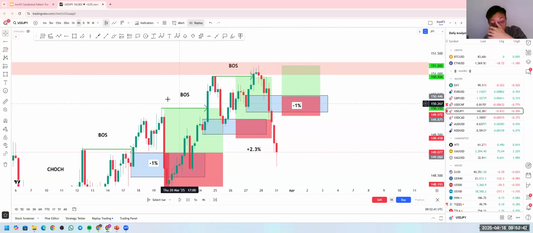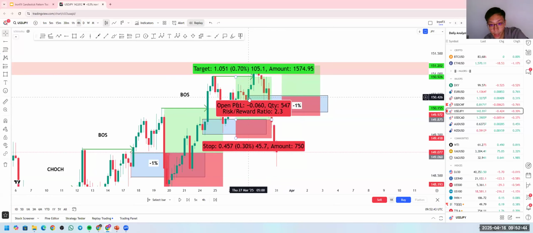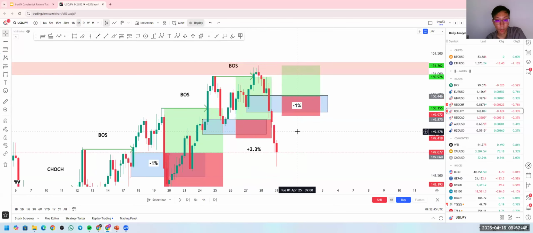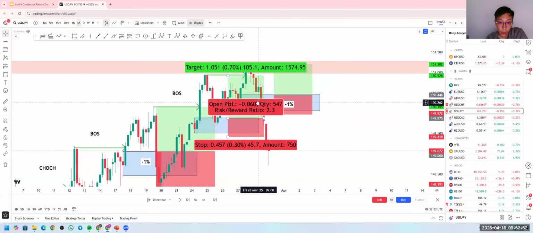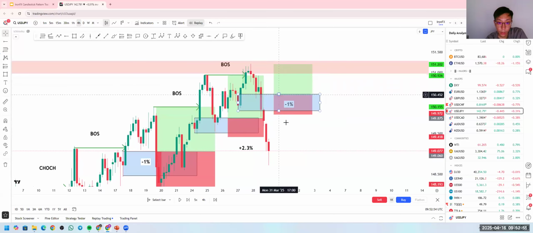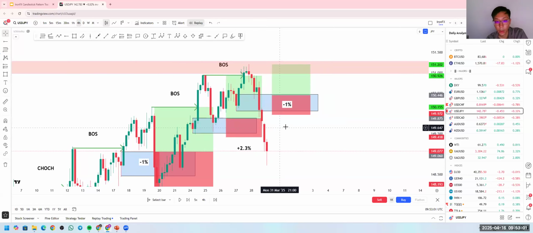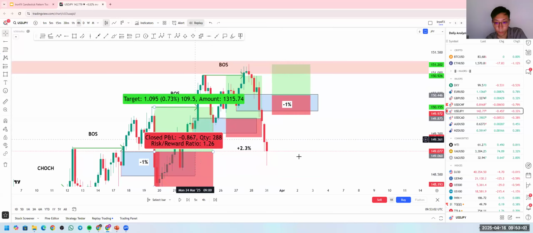Okay, so the reason why the last one didn't work is because we were at a major resistance. It actually tapped and went for 1:1, but after that it didn't work out.